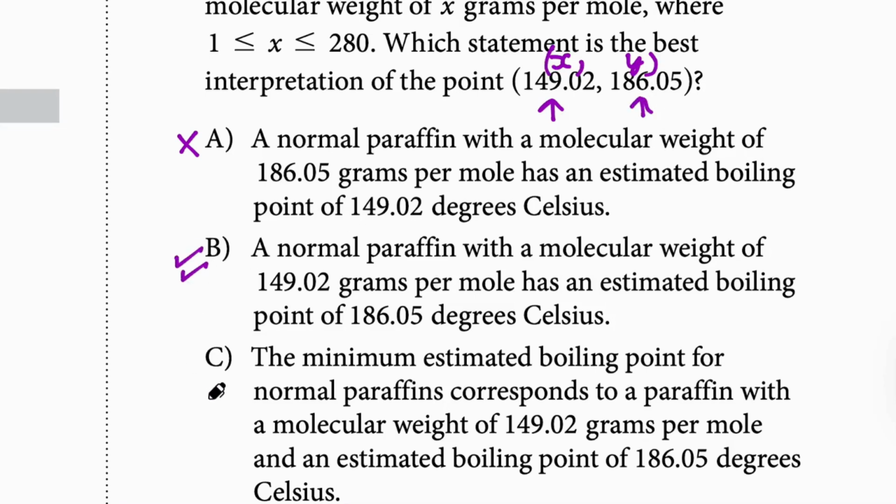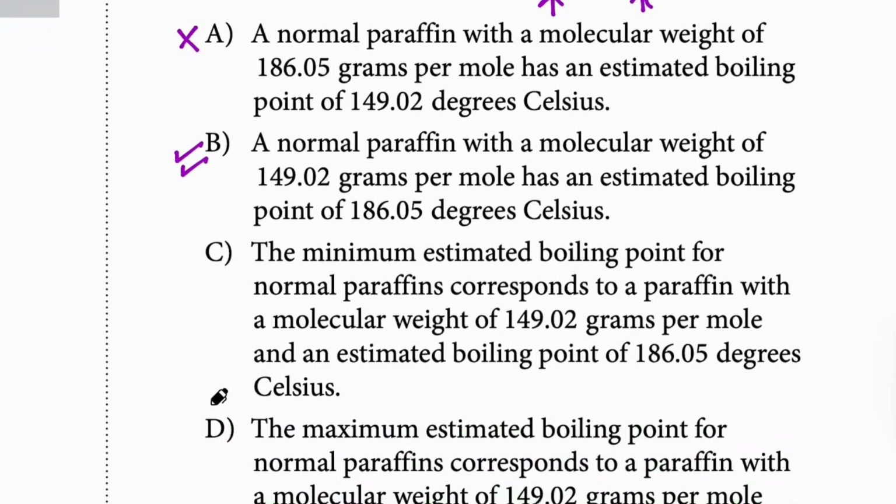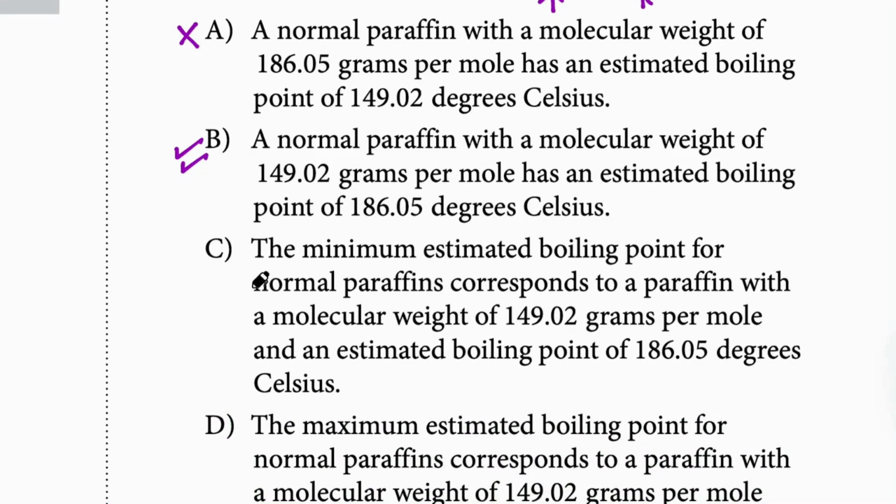Yes, so B is the right option. No need to read C and D, but even then let's see. The minimum estimated boiling point for the normal paraffin wax, no, there is no minimum or maximum here. These are proper coordinates on the graph, so these are not the end points. This is a proper value, not the minimum or maximum value. So this makes C and D wrong.